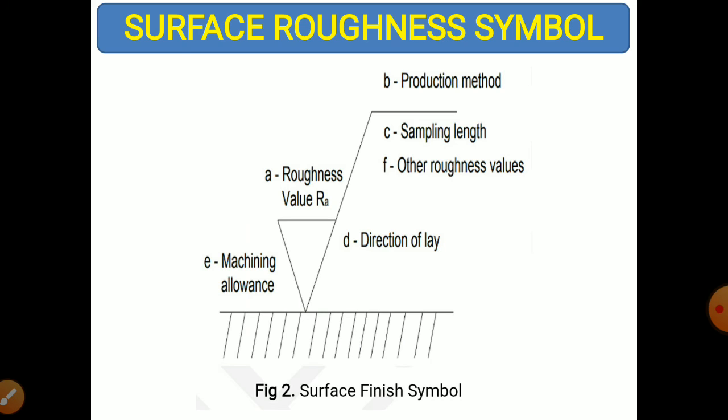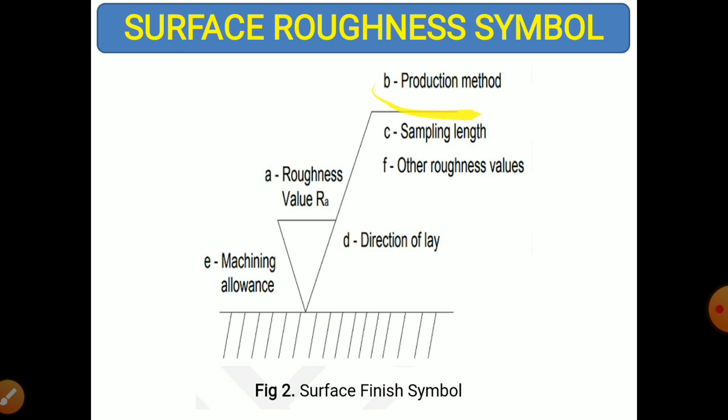You can say this is the surface roughness symbol. This indicates the surface of the material. This is a triangle, which is afterwards extended to this line. Here is the machining allowance. Whatever the machining allowance value, we need to write here. Afterwards the roughness value should be written at this point. Roughness value is always written in microns, so if you just write 30 here, that means it is 30 microns.